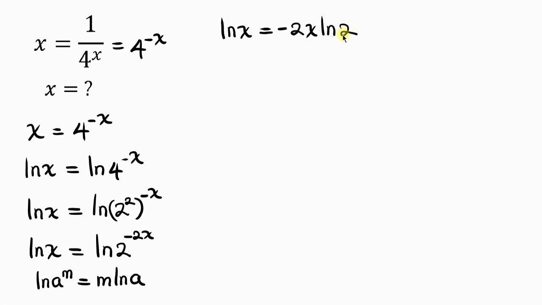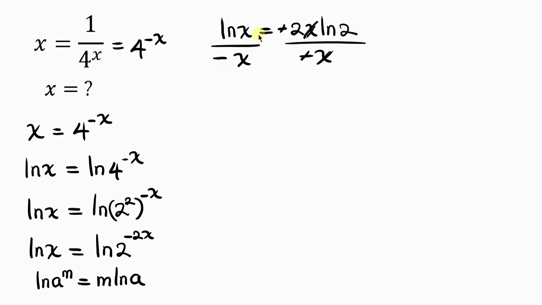Our next step will be for us to separate the variables. And how do I do that? It is simply by dividing both sides by negative x. So I'll divide the left hand side by negative x. I'll also divide the right hand side by negative x. Now notice that this negative can cancel off this negative. x can cancel off x, leaving behind 2 times ln 2.